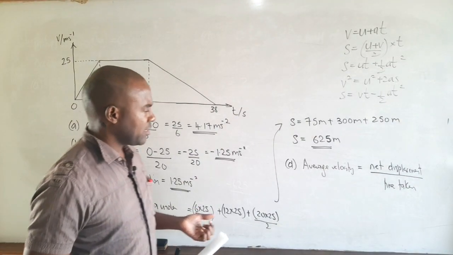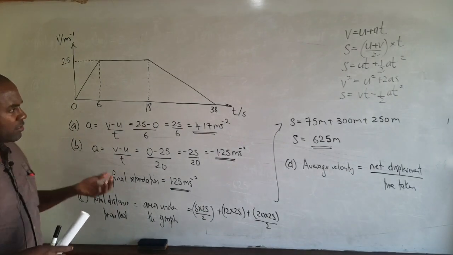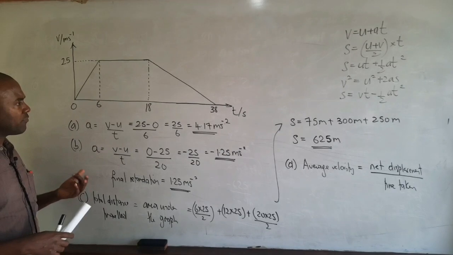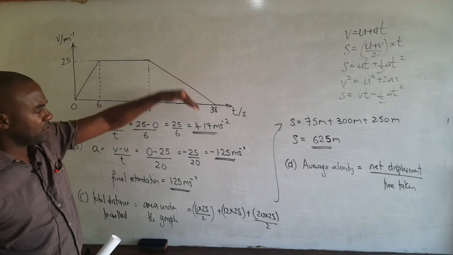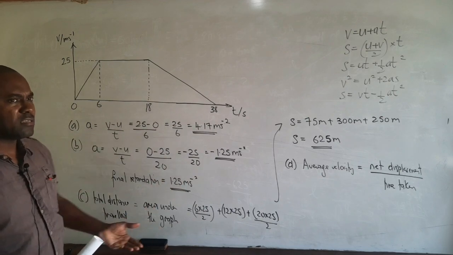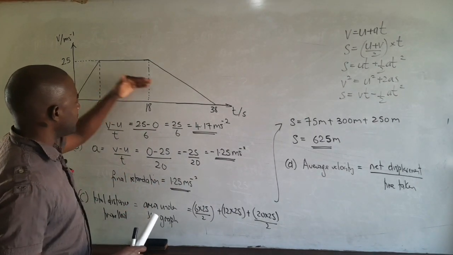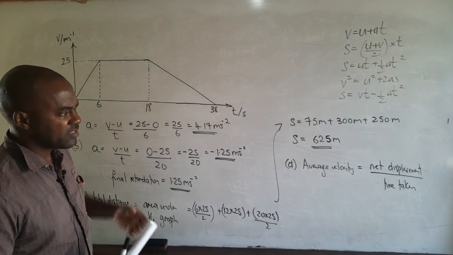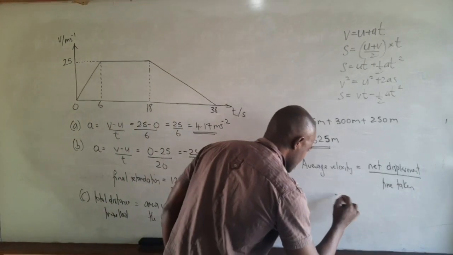Now in this particular case, because the car did not go in the opposite direction, and how do we know that? The velocity, of course, remained on or above the time axis. It did not become negative, which would have indicated that it changed or reversed direction. And so it just went in the same direction, and so the net displacement would be equal to the total distance traveled, right? So this gives us 625 meters.